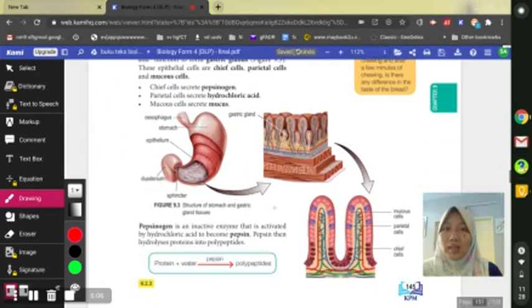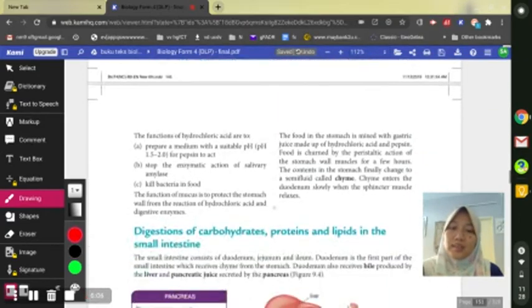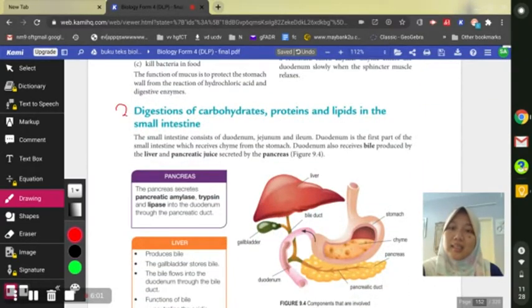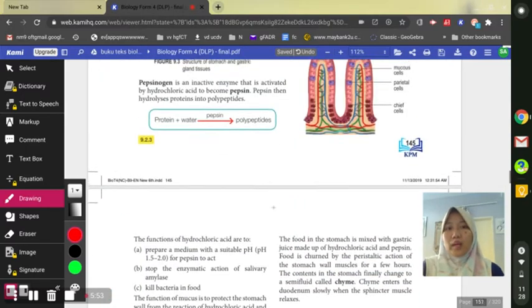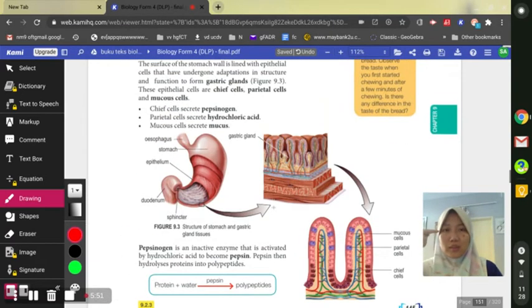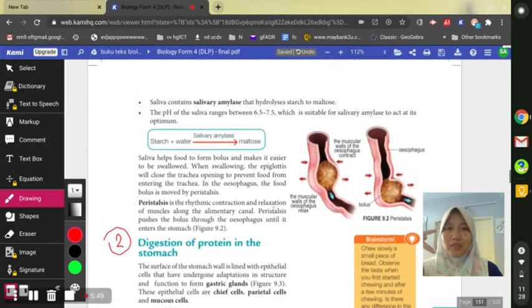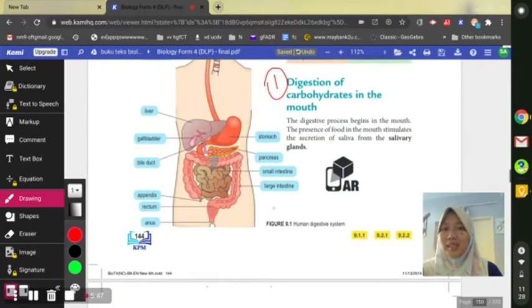And the third part, we will discuss the digestion of carbohydrate, lipids, and proteins in the small intestine. So for the first step, you need to remember the title.